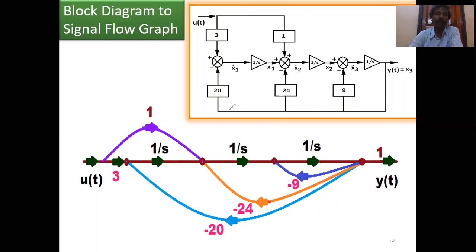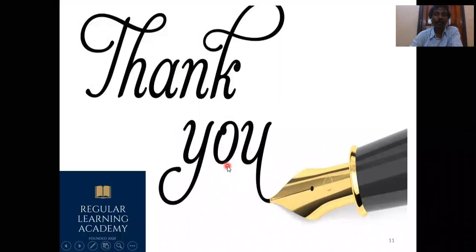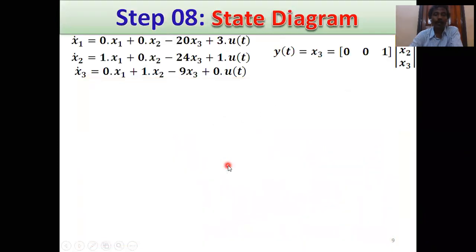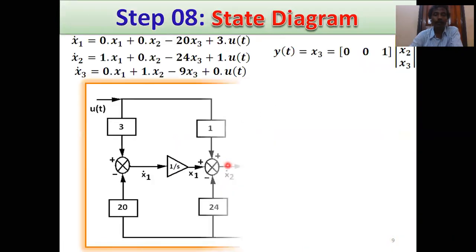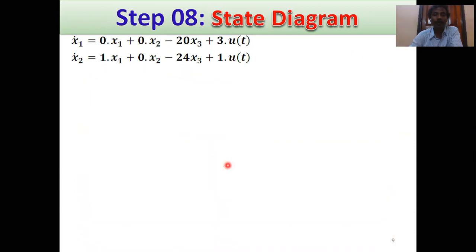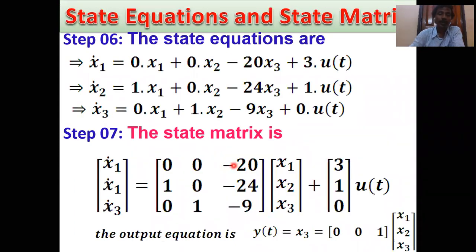And in this situation, what is the matrix form? This is a special type of matrix, because only the last column has minus 20, minus 24, minus 9, and the diagonal elements are 1.